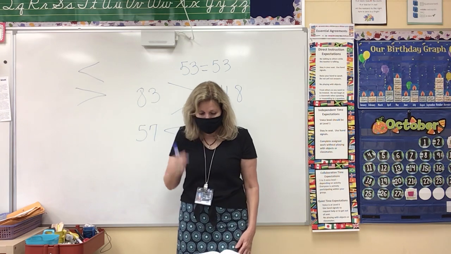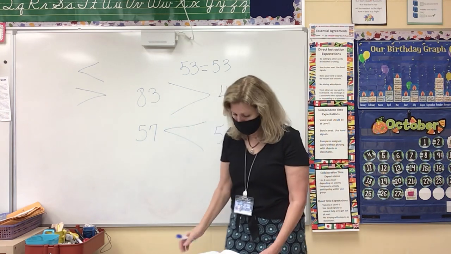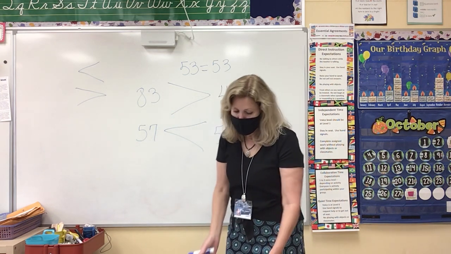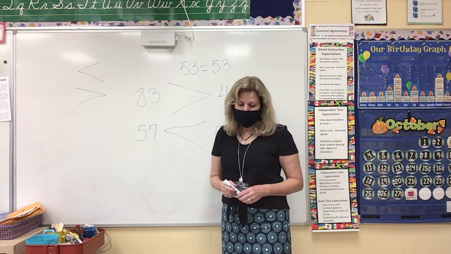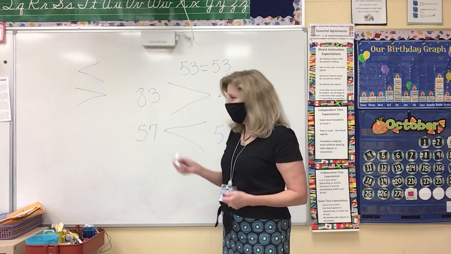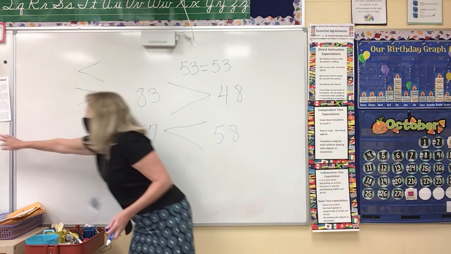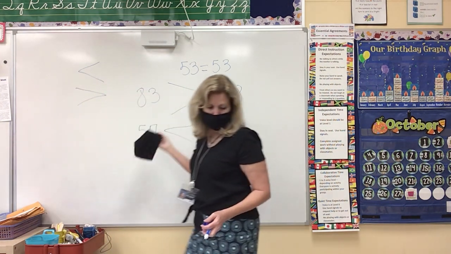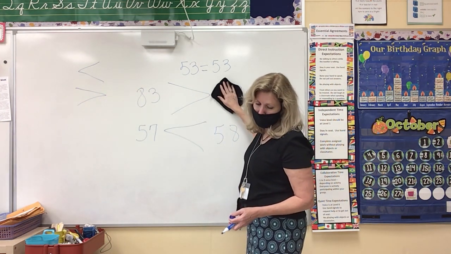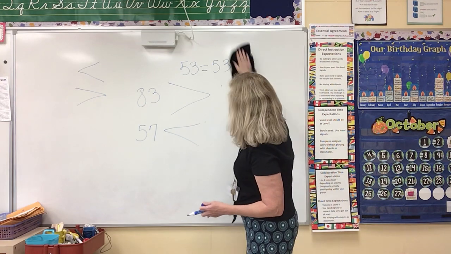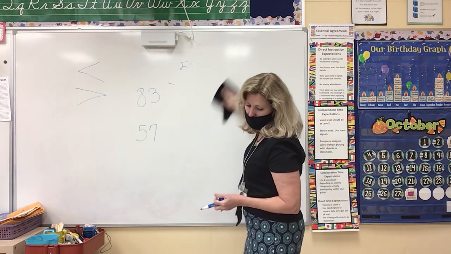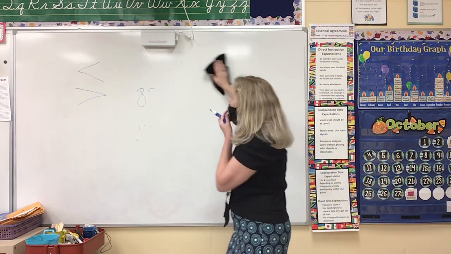All right, so let's look at number 14 then, since that's a word problem. A farmer has 36 goats and 27 sheep. Does the farmer have a greater number of goats or sheep?